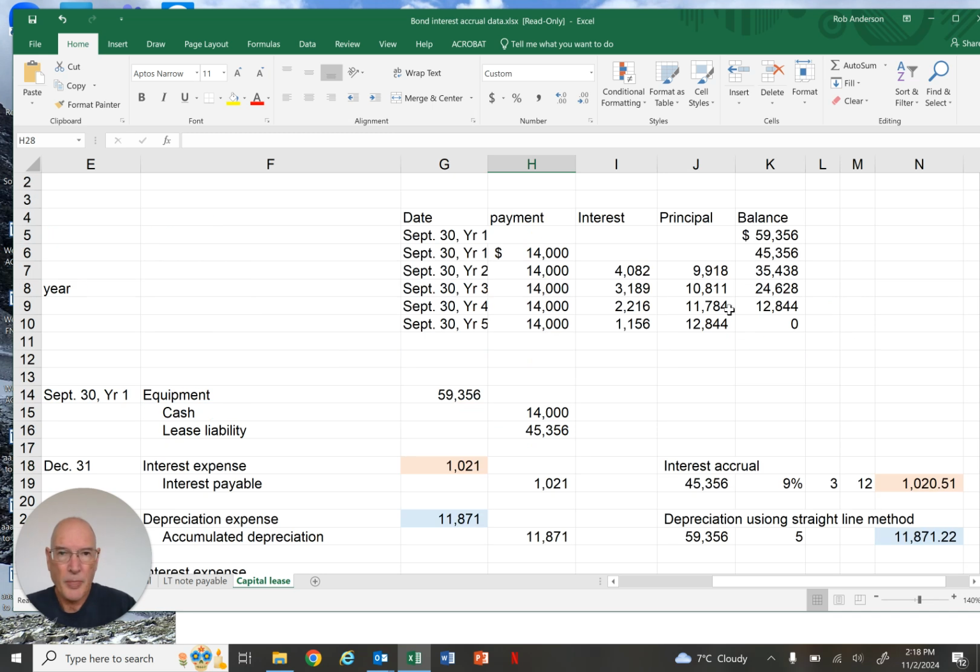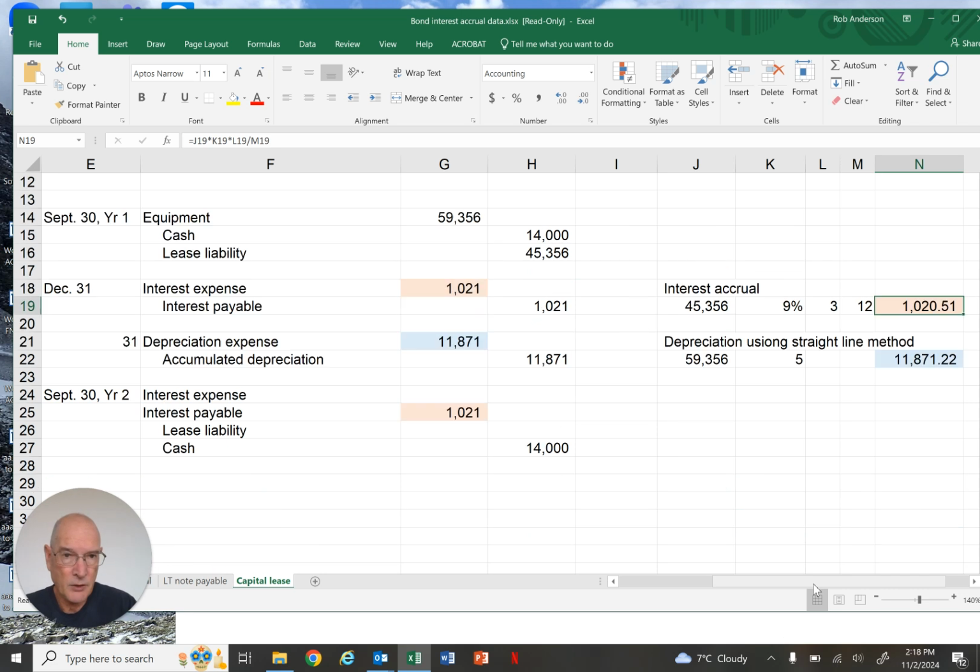Well, first of all, we know that the interest expense for December 31 to September 30 is the rest of 4082, which was a year of interest, less the 1,020 and 50 cents that we already accrued.